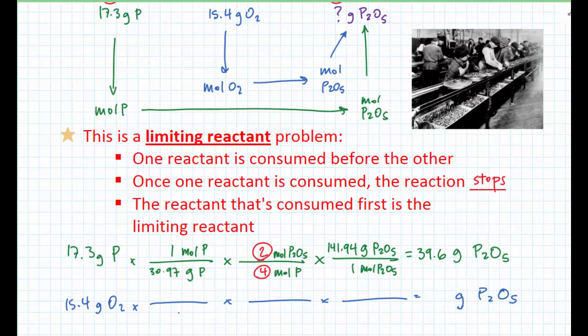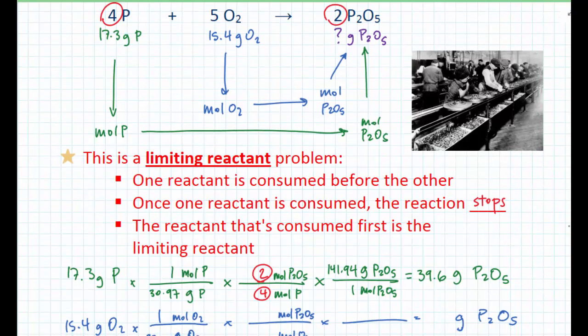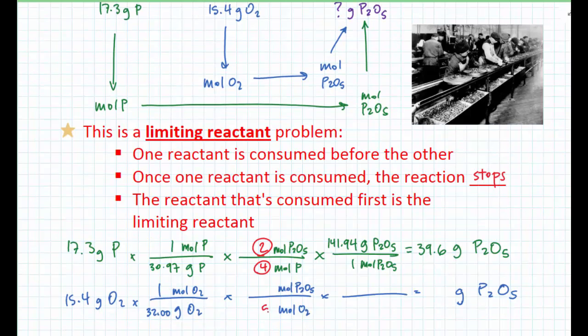For O2, we're going to do grams of O2 to moles of O2. Because the formula is diatomic like that, because it's O2, I need 2 O's, so that's 32.00 per 1 mole. Mole ratio, we'll go moles of O2 to moles of P2O5. The coefficients in that case are 5 moles of O2 to 2 moles of P2O5.